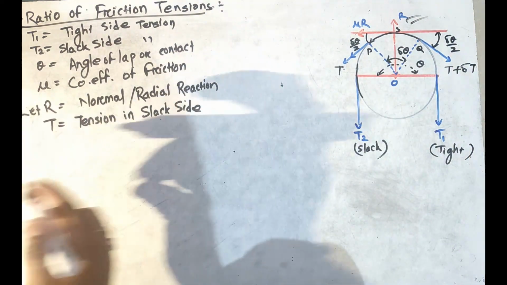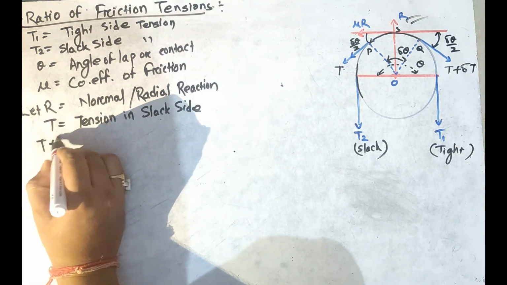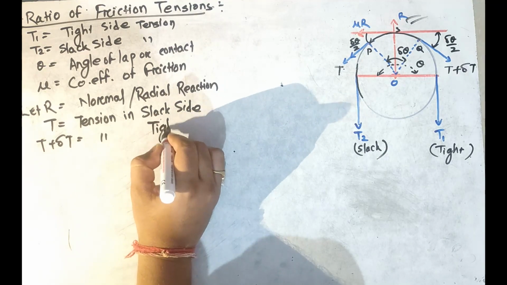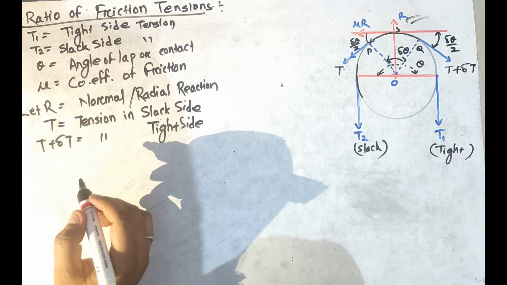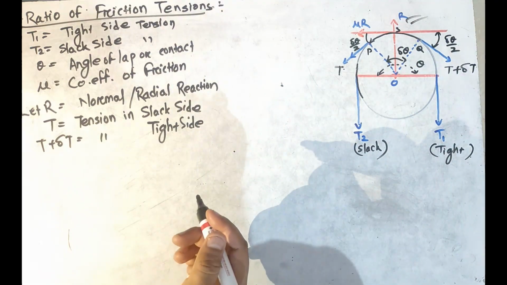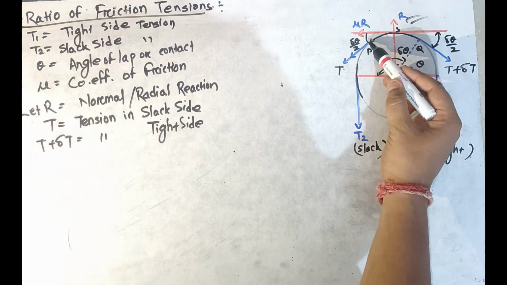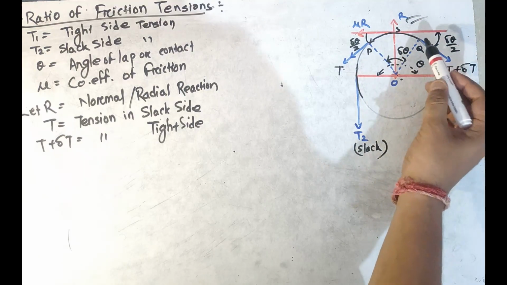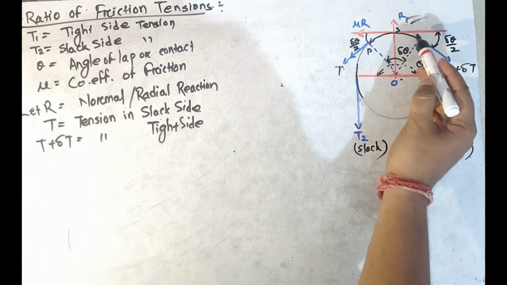So T is the tension and T plus del T is for the tight side. We have drawn two radii, OP and OQ, at the ends P and Q of the belt portion that we have taken.